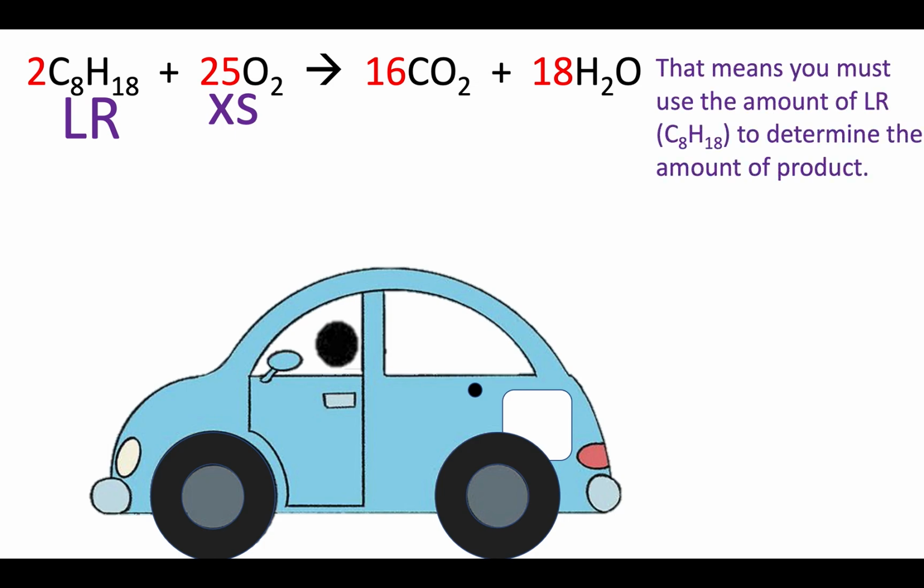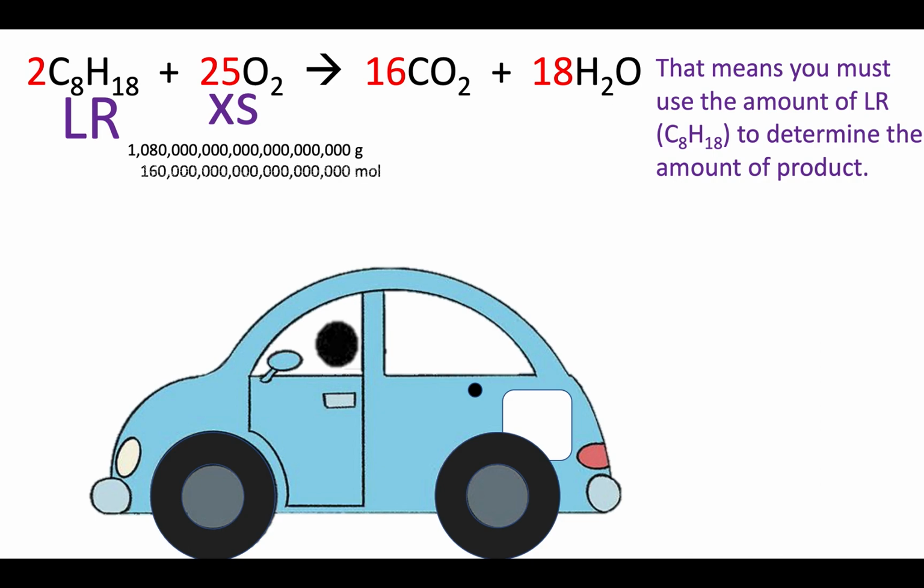And for us, that means that when you do those BCA calculations, you have to use the amount of the limiting reactant, the one that's going to run out. That's how you determine how much product you can make. If you look at the oxygen, that's 1 septillion, 80 quadrillion grams of oxygen in the atmosphere.